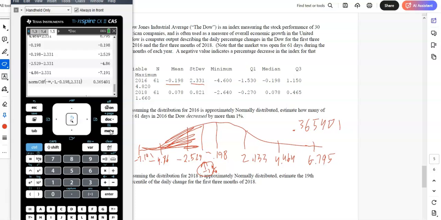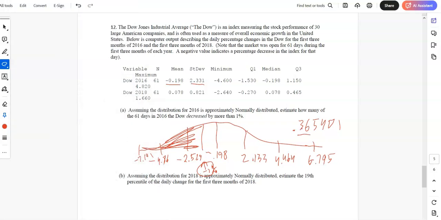Okay, so on 36% of the days, it decreased by more than 1%. It's kind of scary, right? But you've got to think about the other way, like it increased quite a bit too. So it might have been okay. Stock market's kind of a wild ride in the short term.